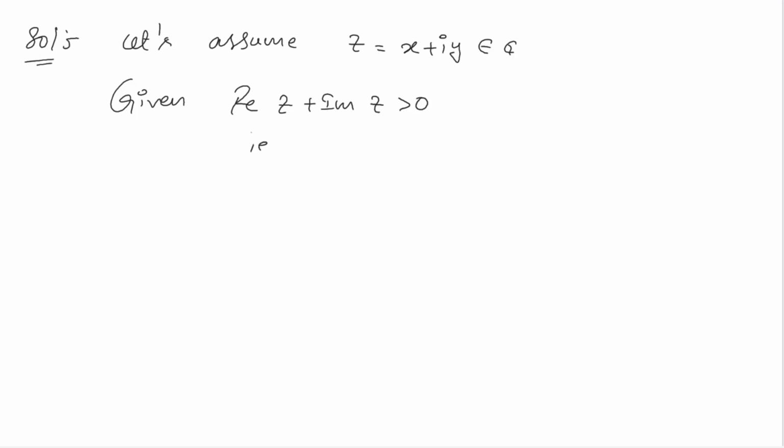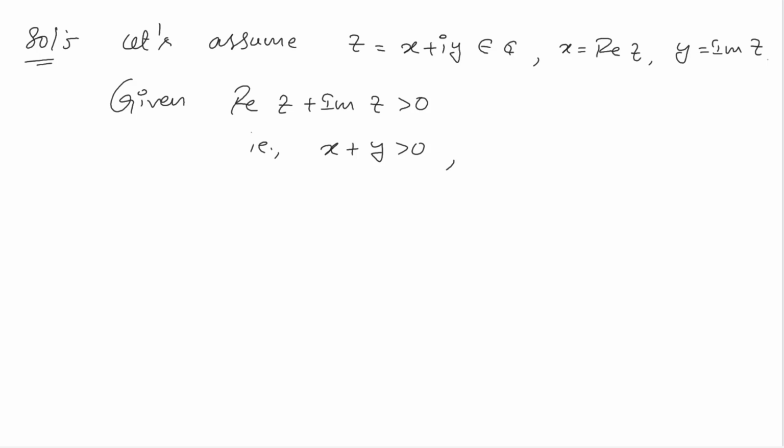That is, x plus y is greater than 0, where x is the real part of z, y is the imaginary part of z. Of course, this is the standard form of any complex number. So in that case, it is given that x plus y is greater than 0.